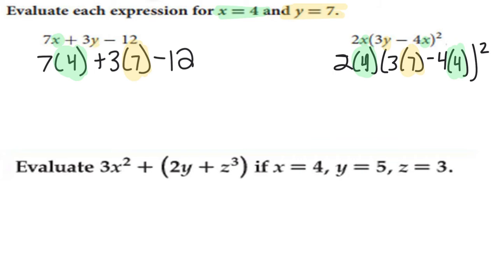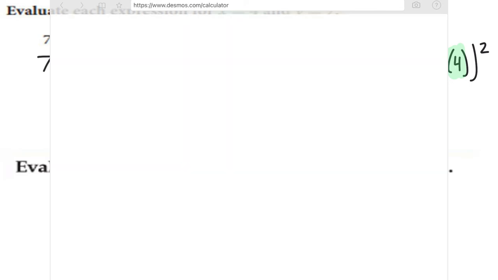What I want to point out to you before I actually go and do the calculation of this in Desmos is that here I kept the 7, the plus 3, the minus 12. Here I kept the 2. I kept the parenthesis, the 3, the subtraction, the 4, the parenthesis, and the 2. So I'm going to have a double stacked parenthesis here. That feels weird, looks kind of strange, but it's necessary to make sure you're going to get a correct answer to these.